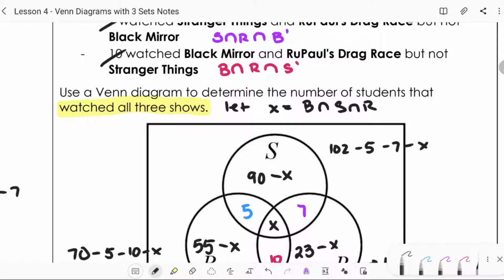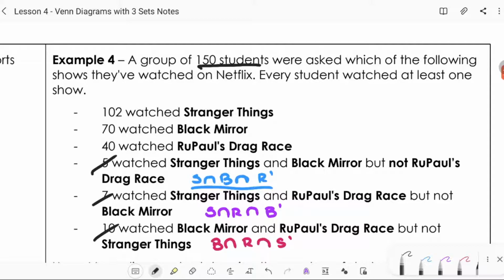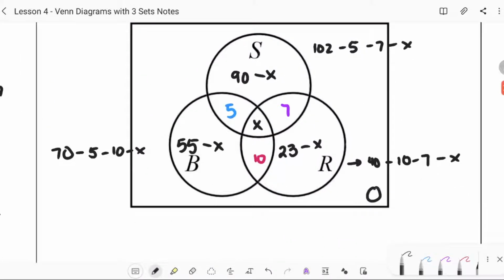We've used all the information we have except for one piece. So 150 students watched Netflix, and we said that every student watched at least one show. So I know the universal set has nothing exclusive to just that doesn't fall in here. So here's what it's going to look like. 150 is equal to all of these sections combined. So everything in set S: the 90 minus x, and the 5, and the x, and the 7.